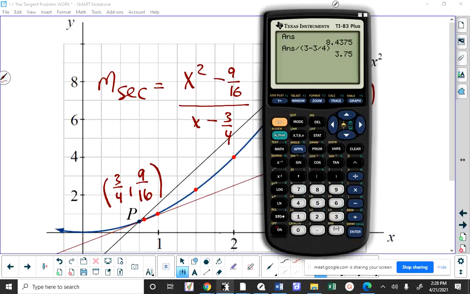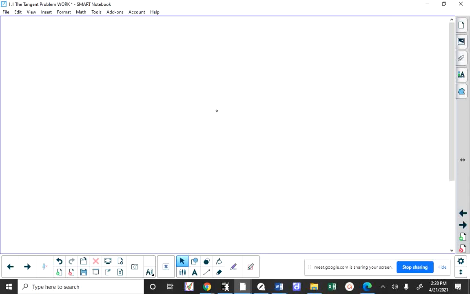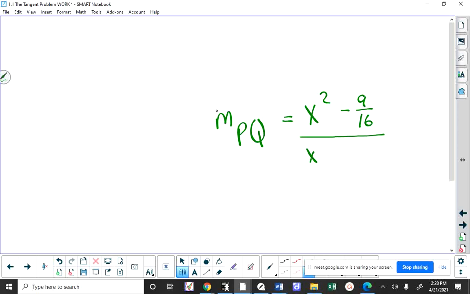Why don't we put in, for y, I'll be very careful here, this y that I'm putting in is a way to calculate the slope of a secant. It's x squared minus 9/16 over x minus 3/4. I'm putting this in for y in my calculator, but it's not a y coordinate, it's the slope of a secant. I'm going to be using my tables to calculate all of these.